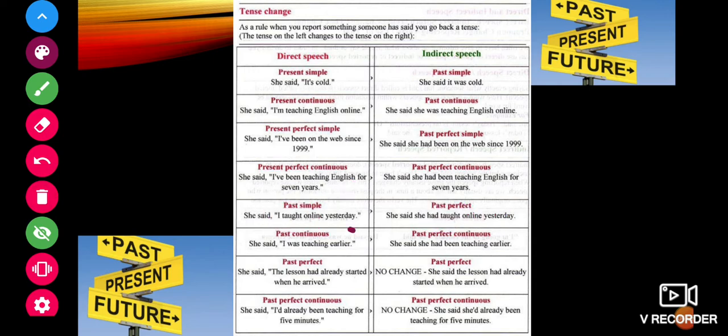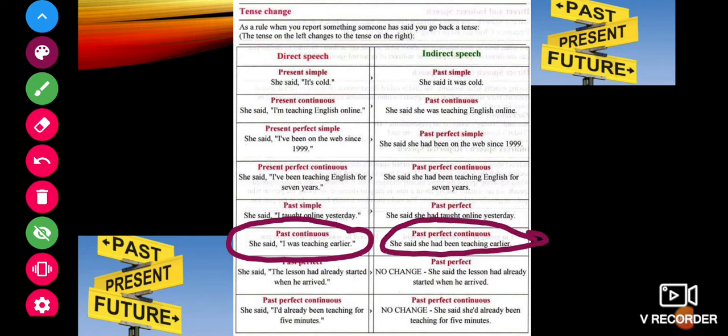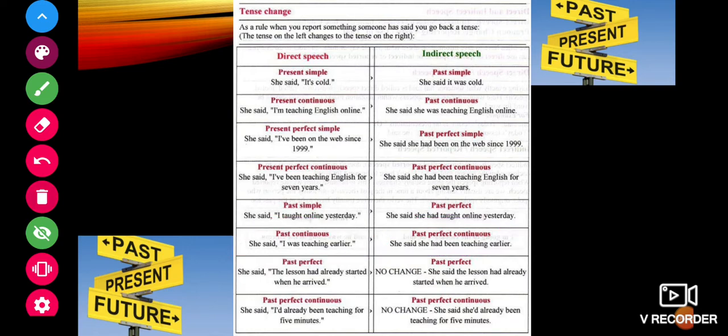If the direct speech is in past continuous, the indirect speech is always in past perfect continuous. Look at the sentence. She said, "I was teaching earlier." Note that here "was" is changed to had been, because "was" is past and had been is past perfect.